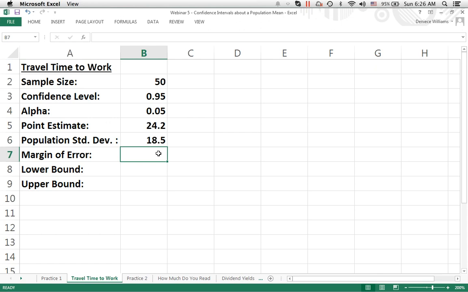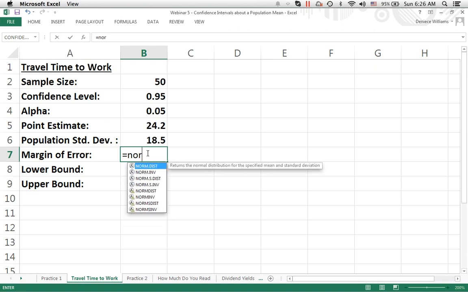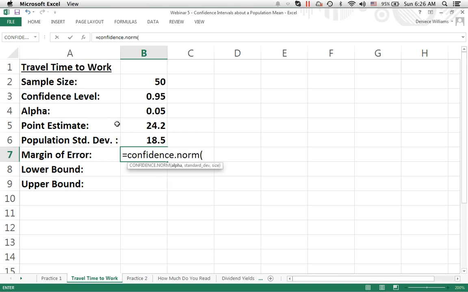So in this cell that's next to margin of error, I'm going to type in my formula. It's equal to confidence.norm, open parentheses, my alpha, which is 0.05, my standard deviation for the population, which is 18.5, and then my size of the sample.